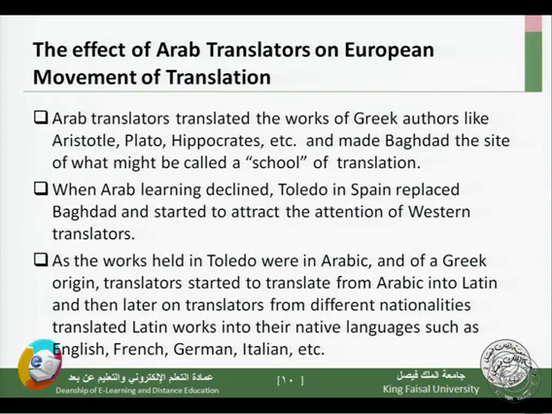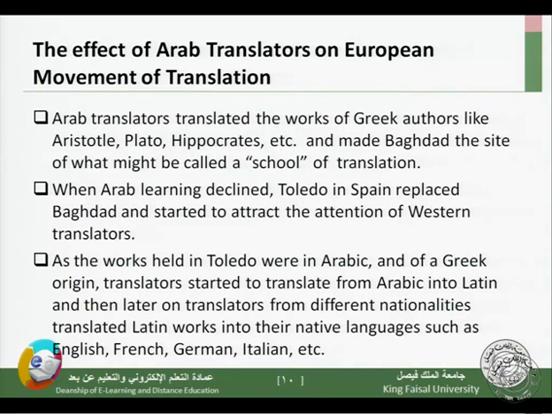But Arabic came from the Greek. So work from the Greek language came into Arabic, and then from Arabic into Latin, and then from Latin to French, English, German, Italian, and so on. Then a different type of translation movement started in the West, which is not our concern here.